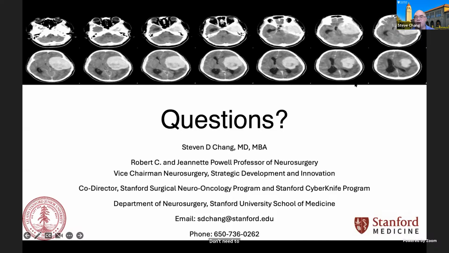Does stereotactic radiosurgery cause other brain tumors or cancers to form? It's a good question, because stereotactic radiosurgery is radiation, and we always associate radiation with maybe causing tumors or cancer. So the first thing to keep in mind is that stereotactic radiosurgery is highly focused radiation.